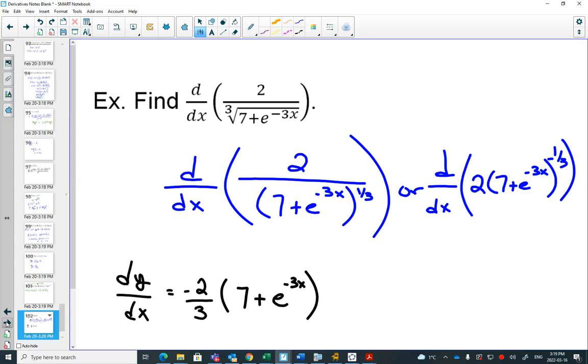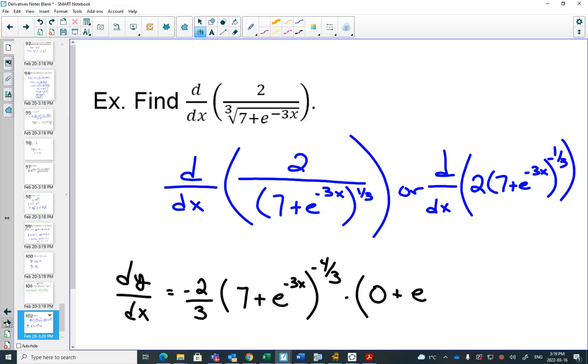Keep the inside the same, subtract 1 from the exponent, negative 4/3. Multiply by the derivative of the inside. Okay? Derivative of the inside. I'm going to write the 0 just to feel good. Plus, what's the derivative of e to the negative 3x? Can you see that that is another chain rule?